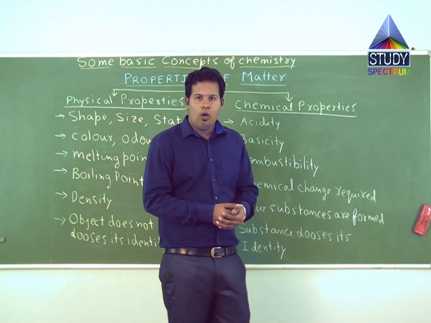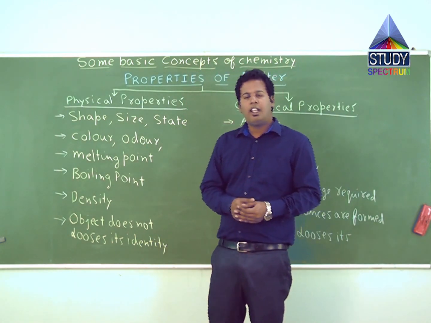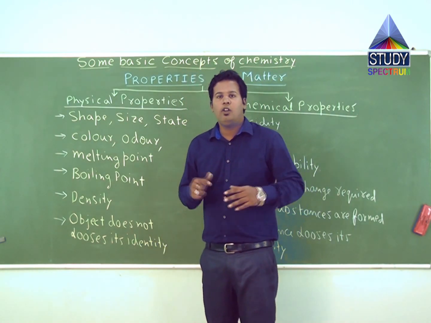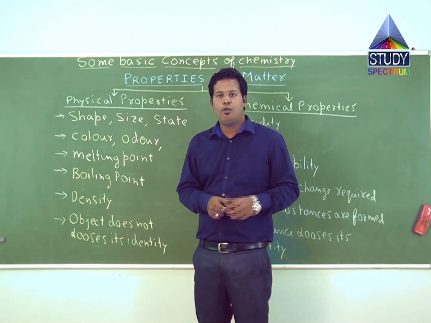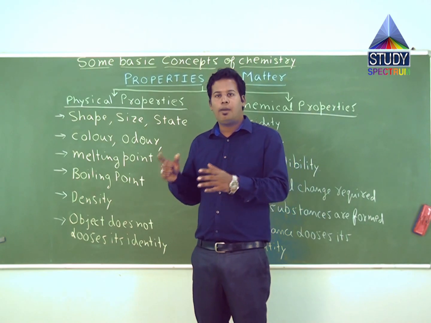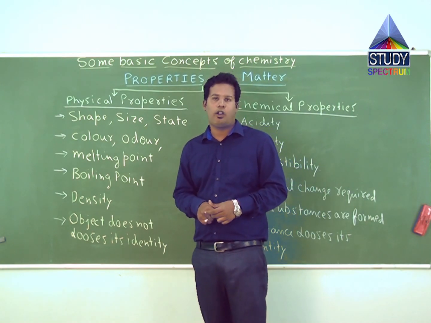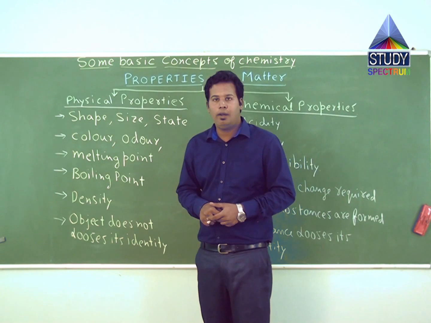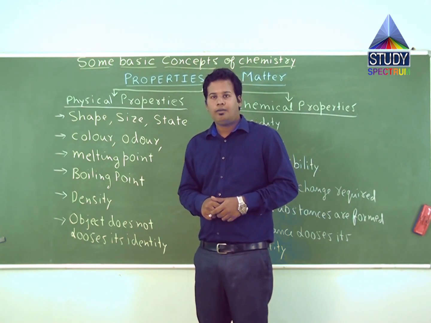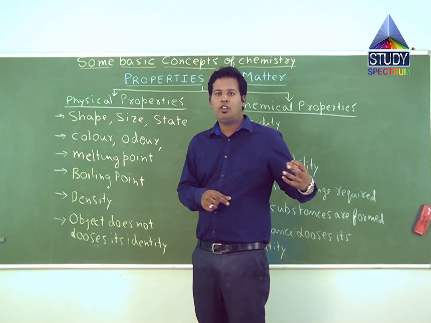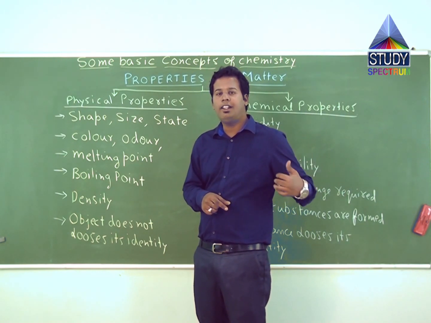And also, when chemical changes are taking place, we know that new substances form. For example, if you take a piece of coal and burn it in presence of excess air or oxygen, then CO2 will be released and left behind will be ashes. Correct? Now, that piece of coal, the carbon, has lost its identity.